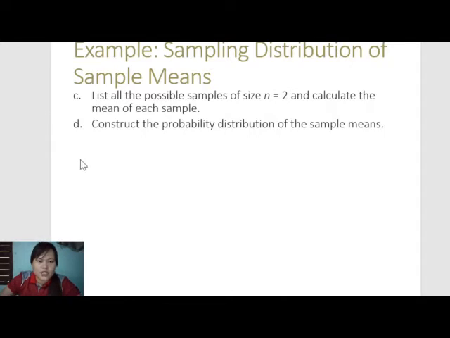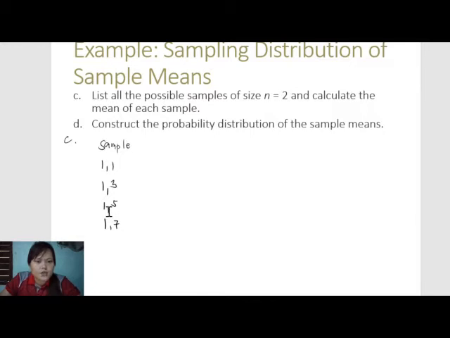This is for letter C. So we can list all the possible combinations. The population values are 1, 3, 5, 7, so the samples can be 1,1; 1,3; 1,5; 1,7, if I'm not mistaken.